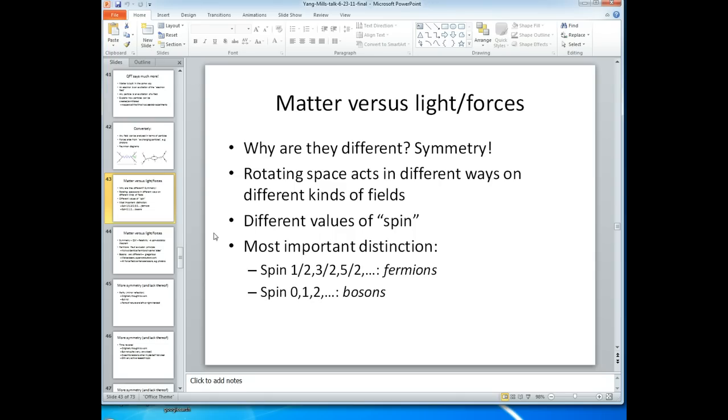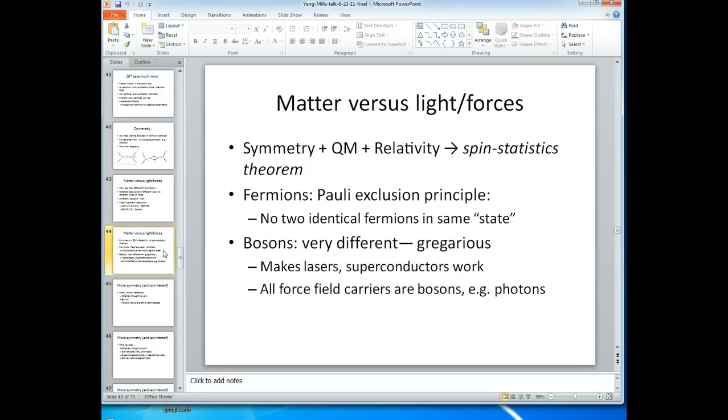And well, who cares? Why is that such an important distinction? What does that have to do with matter and forces? Well, it turns out that looking at symmetry, putting that together with quantum mechanics and relativity, you get a very beautiful mathematical statement called the spin statistics theorem. It says that the way a particle transforms under rotations, in particular this number called the spin, affects how they behave with each other.